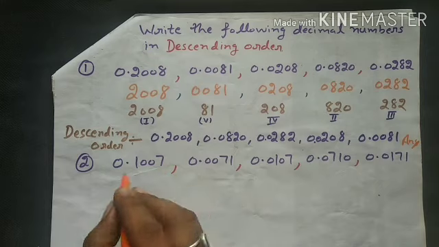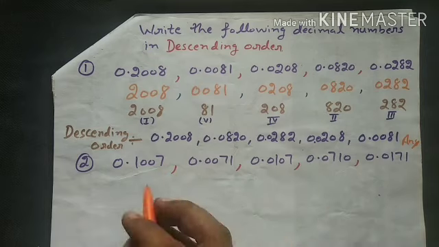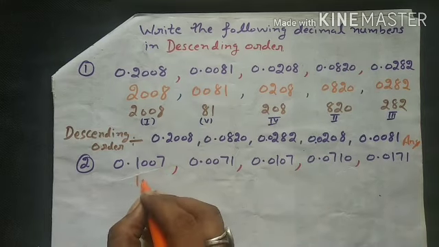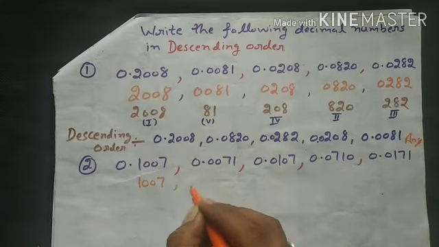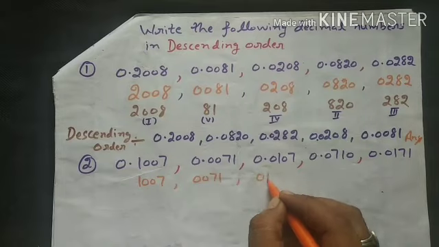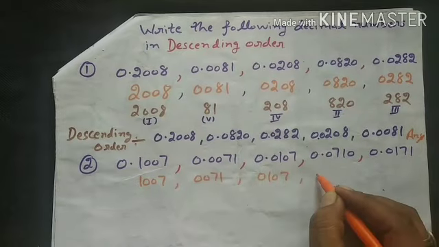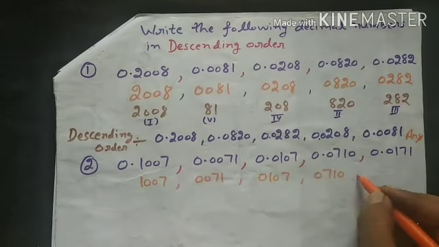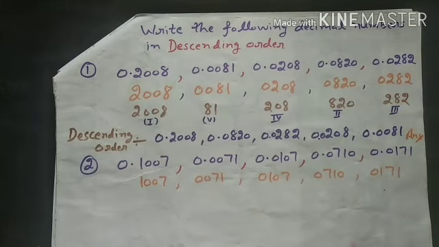We can remove the decimal if they are in the case of like decimals. So what will it become? 1007, 0071, 0107, 0710, and 0171. Okay student.